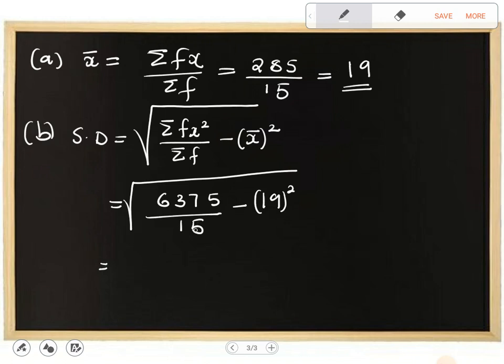So we can divide this one into there. 6375 divided by 15, I'm getting 425. So we are saying 425, this is still under the root, minus, let's find 19 squared. Okay, 361. We are lucky. I thought we were going to get something bigger than this one.